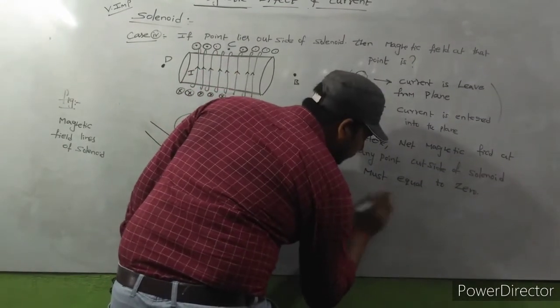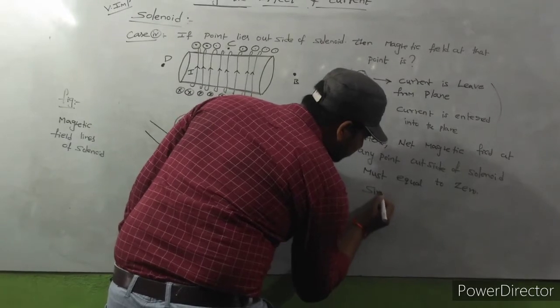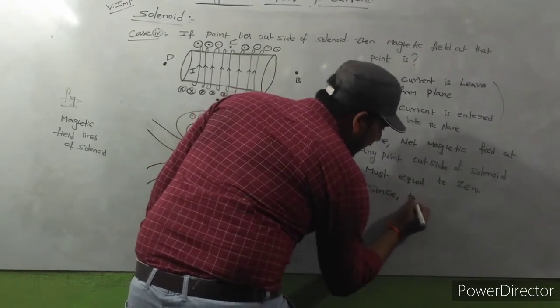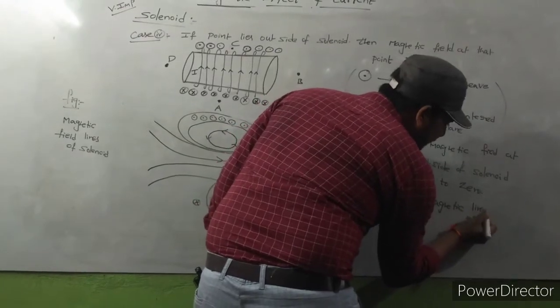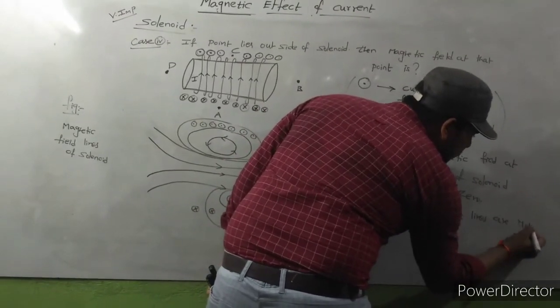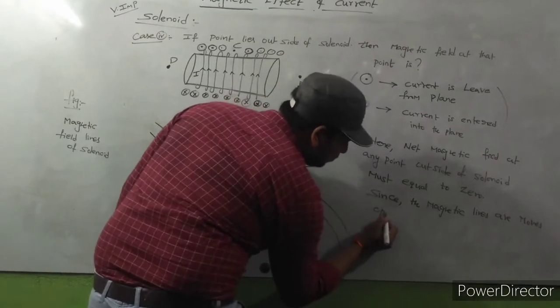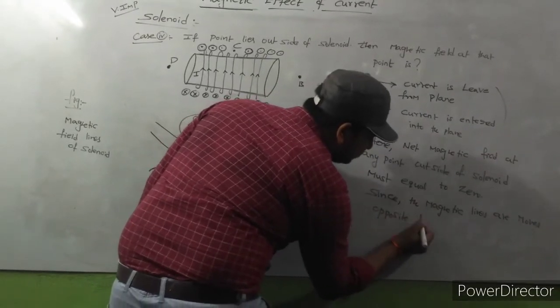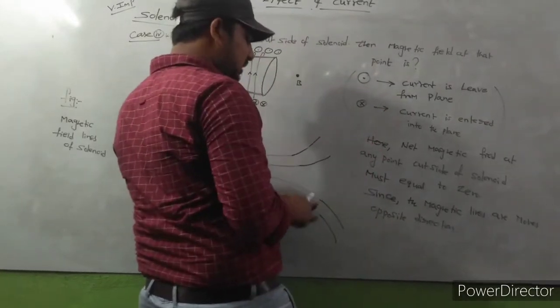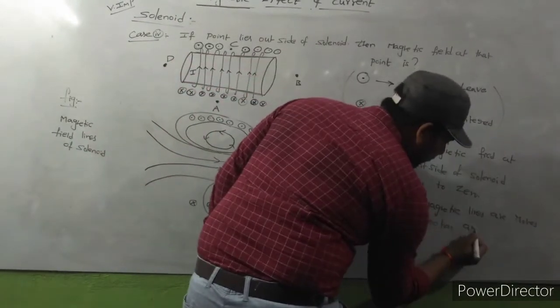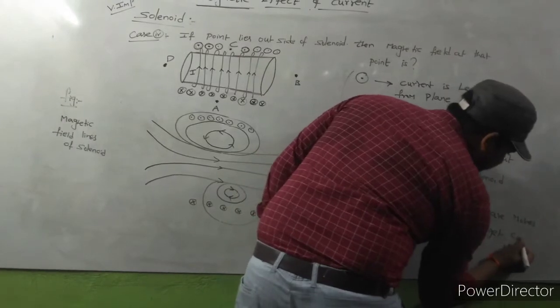That means, since the magnetic field lines move in opposite directions, they cancel each other.